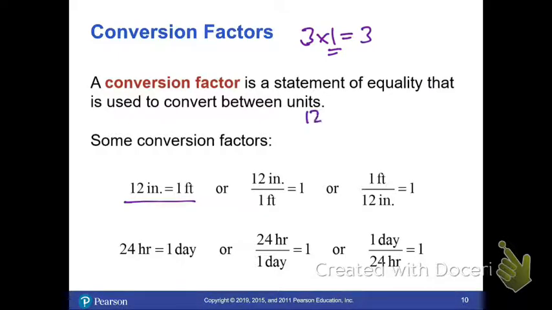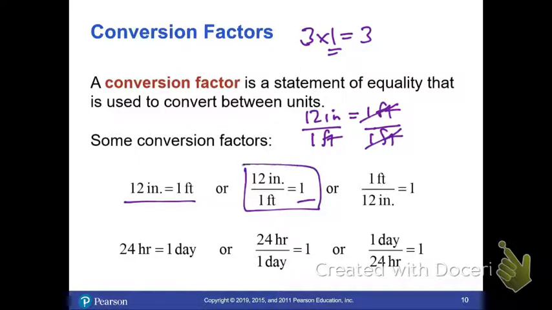If I divide each side by 1 foot, then 1 foot by 1 foot cancels and I just get 1. So this leaves me with this conversion factor. Likewise, I can divide by the 12 inches and it gives me this conversion factor.